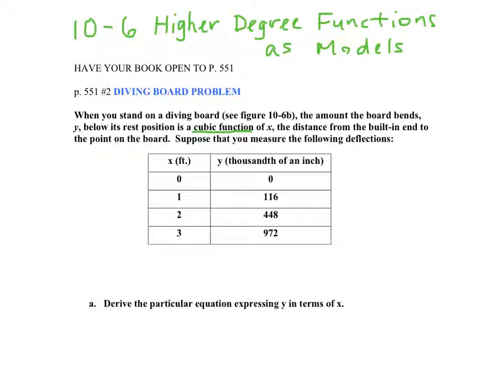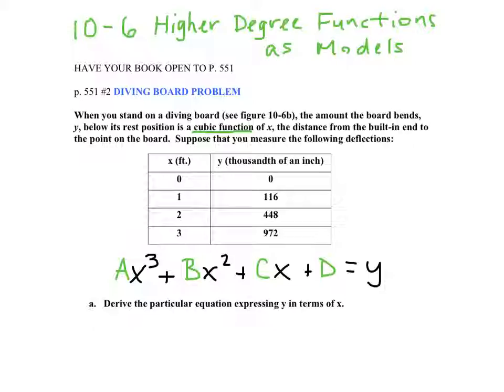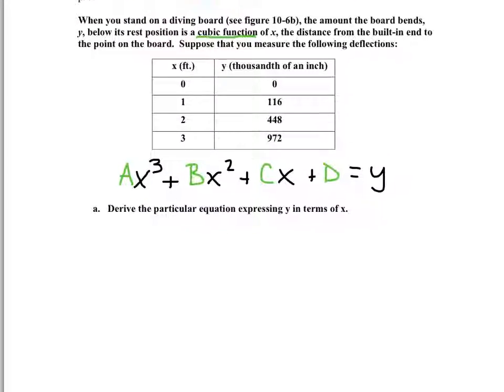A cubic function is going to be ax cubed plus bx squared plus cx plus d is equal to y.